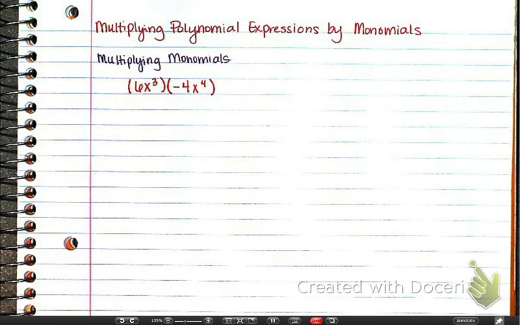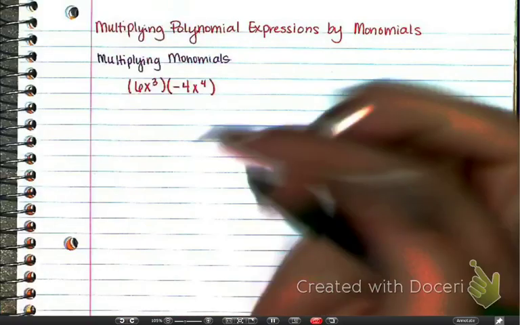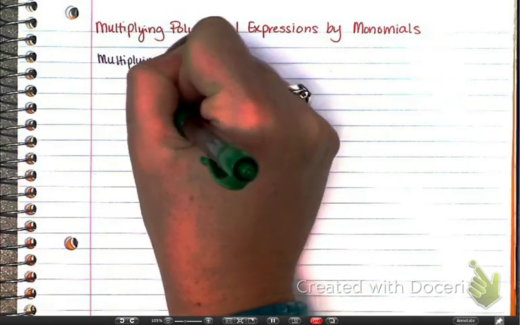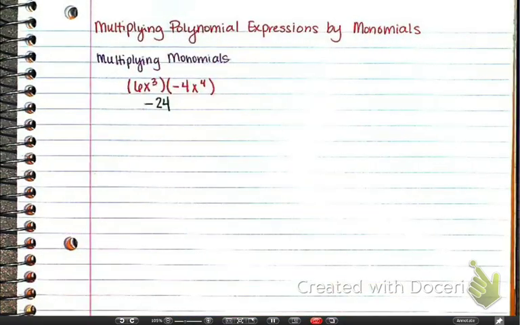What do you think we're going to do first to multiply monomials? Multiply the 6 and the negative 4. So you multiply coefficients. 6 times negative 4 is negative 24. And what do we do with x to the third and x to the fourth?